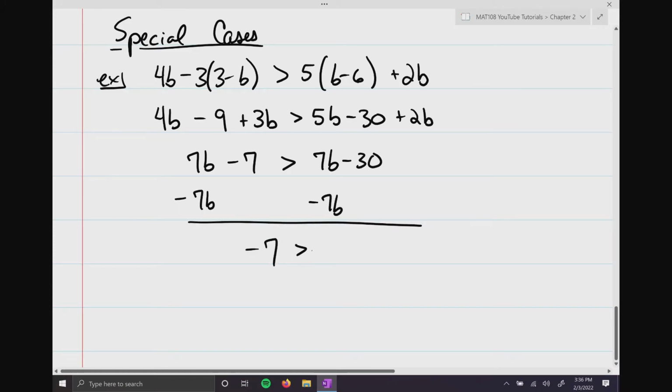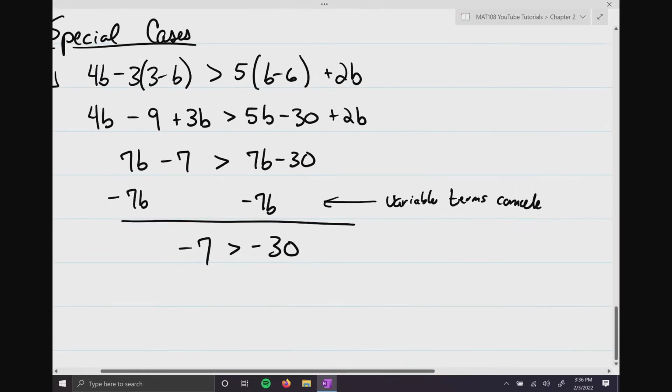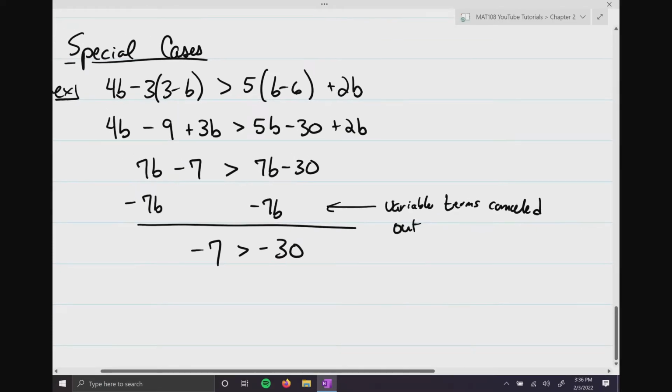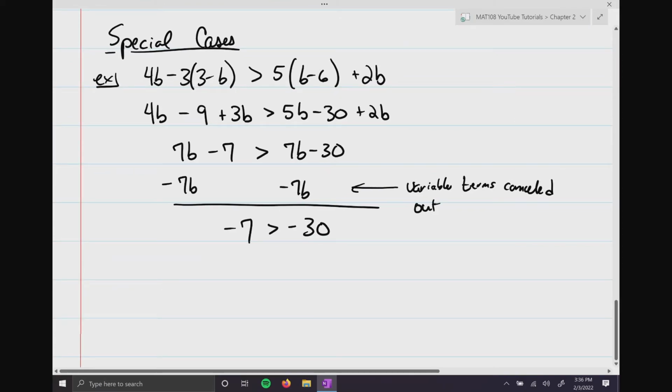And notice I've run into this situation here where my variable terms canceled out. And now I need to look at this and make a decision. Okay, and this is what I mean by a special case.